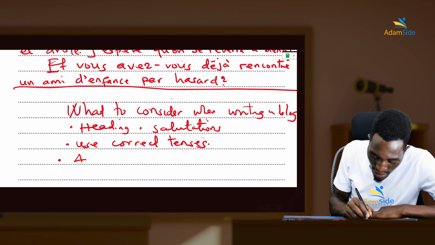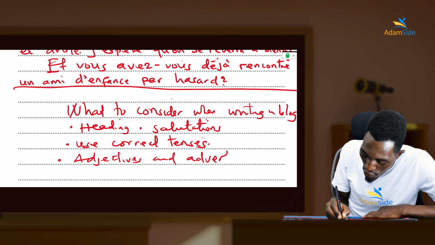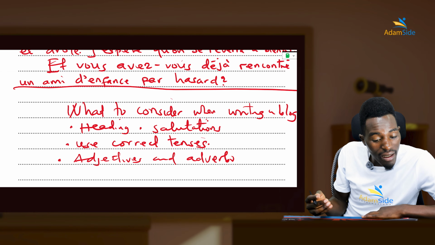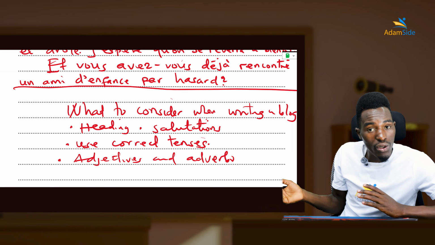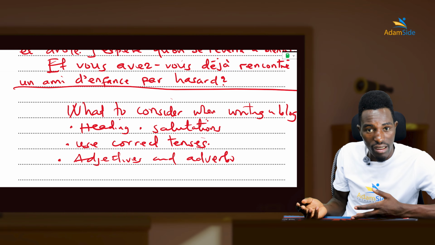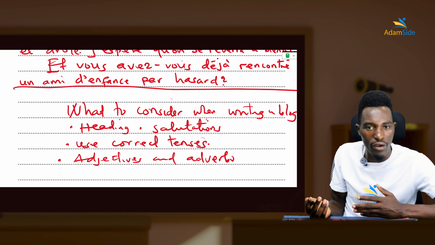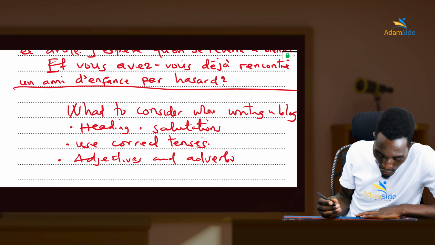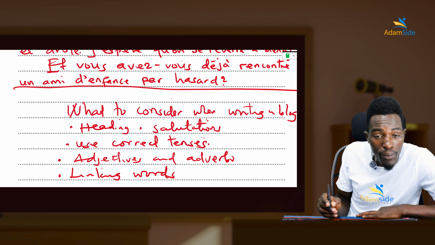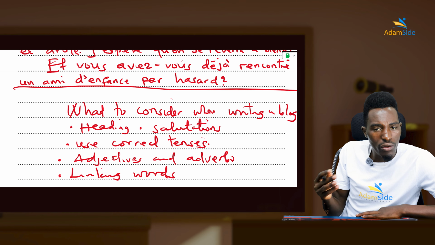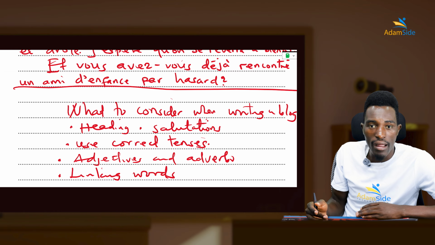Adjectives and adverbs. So use adjectives and adverbs. For instance, I was saying très agréable, très joli, très drôle. Those are adjectives. Franchement, these are adverbs. Also, linking words. If you see in my blog, I have used en bref, franchement, briefly; these are linking words.